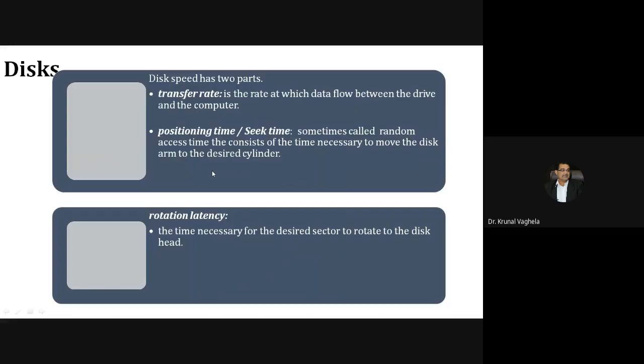So in the speed, first is seek time, the time which is required to move the arm to the desired cylinder, or you can say track, and rotational latency or rotational delay, the time necessary for the desired sector to rotate to the disk head, and then the actual transfer rate, which is the actual time required to bring in or bring out the entire block. So these are the three parameters.